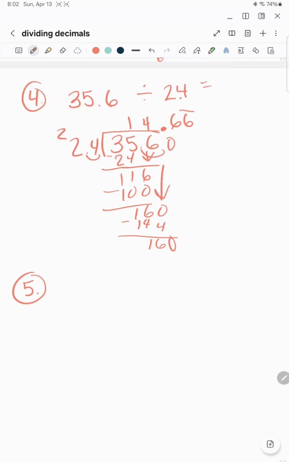Let's do one more. And let's do a super easy one. Let's do something that's kind of ridiculous. Let's do 89.6 divided by 0.001.